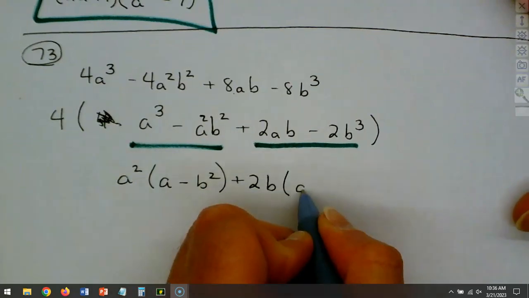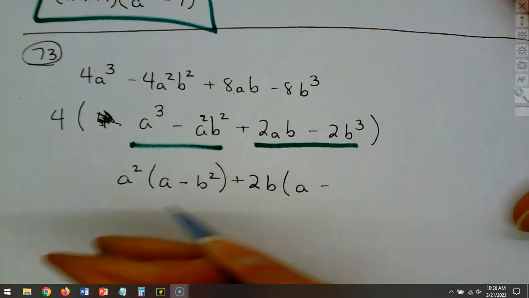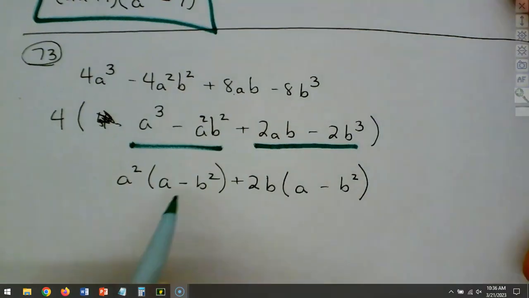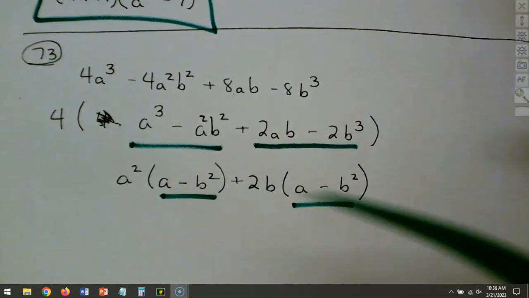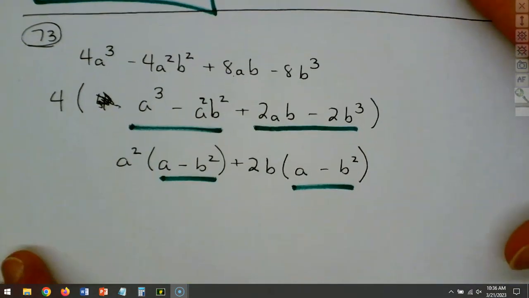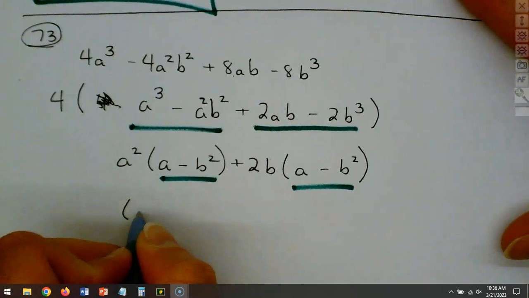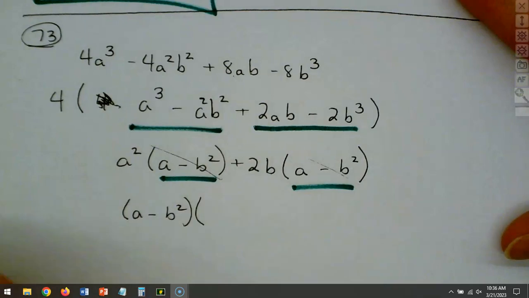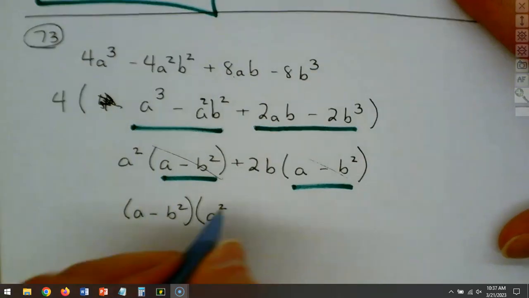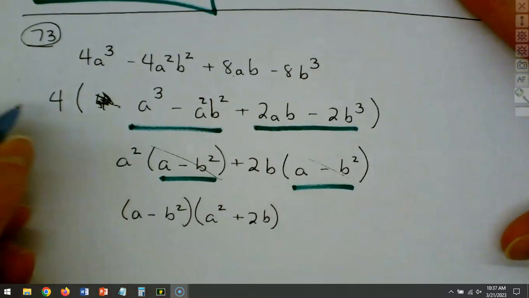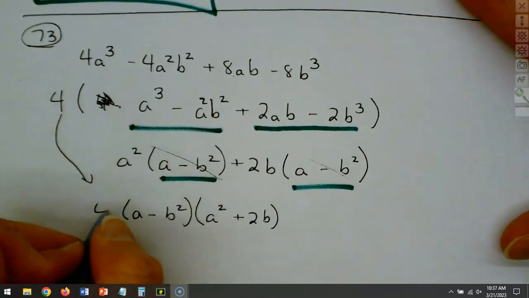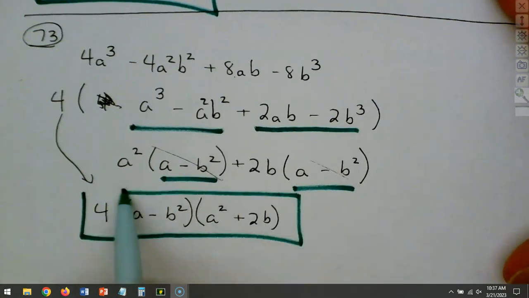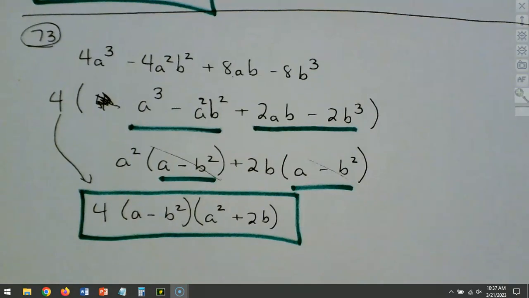So that leaves you then with a minus b squared. And what do we know? Are these exactly the same? Yes, they are. So that comes down as an a minus b squared. Gone and gone. And what's left over? A squared plus 2b. What's in front of all of it now? 4. And that is your final factored answer.